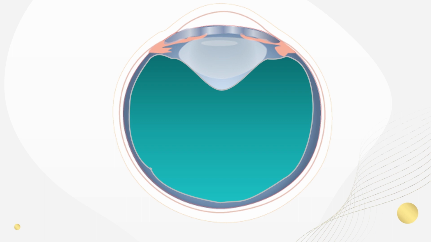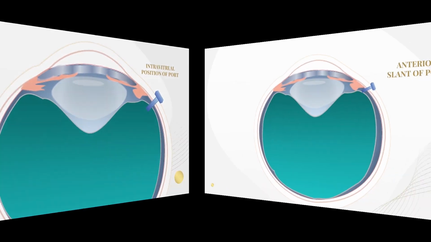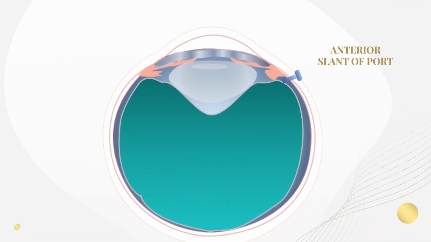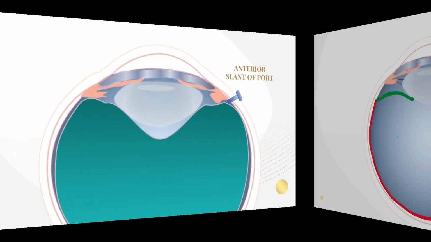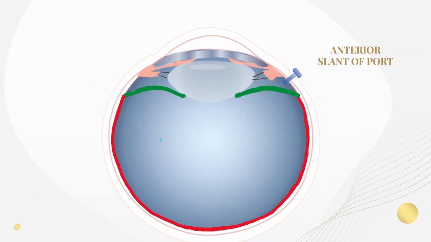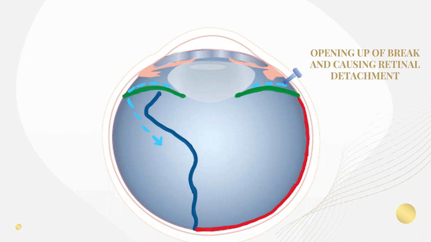Normally, when ports are placed 3.5 to 4 mm from limbus based on the lens status, it's placed into the intravitreal cavity. So what went wrong in this case is, though the infusion was inside vitreous cavity, the vitreous around the infusion may be intact or there may be anterior slant of the infusion resulting in forcing of air to percolate through the Garnier space, resulting in opening of break, which in turn resulted in subretinal air as the retina is thinned out post-cryo.